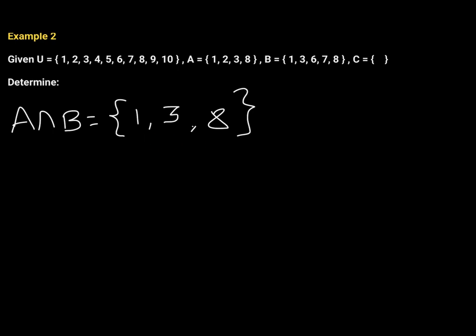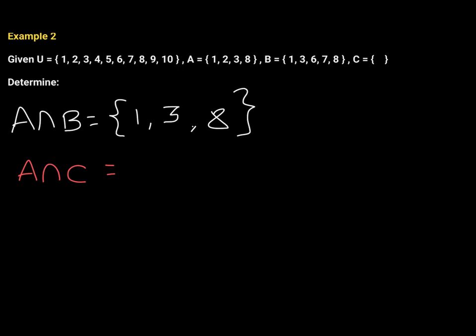All right, the next thing they want you to find is A intersection C. So let's compare set A and set C. Now, you have to belong to both sets. The only thing that C has is the empty set. Now, don't forget, the empty set is a subset of every set, right?